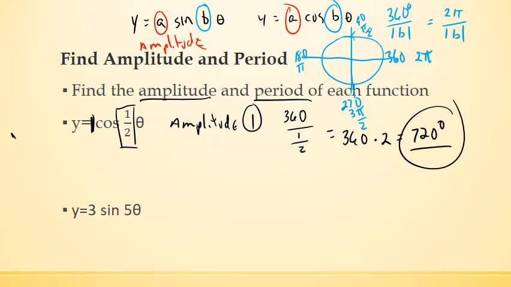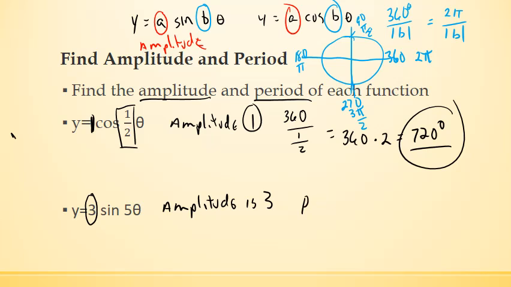Now let's look at this next one. Here we've got y equals 3 times the sine of 5 theta. Again, that coefficient defines our amplitude, and so the amplitude is 3.